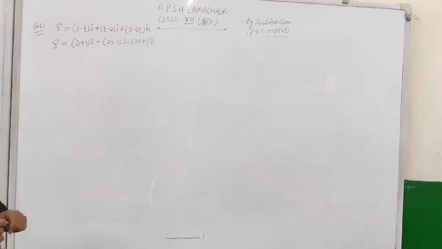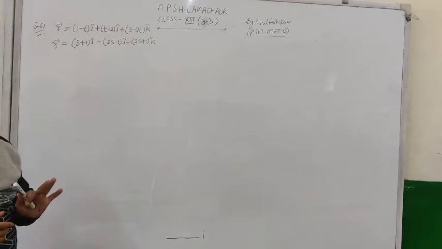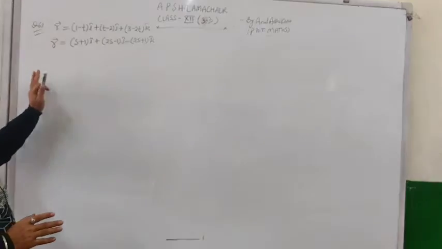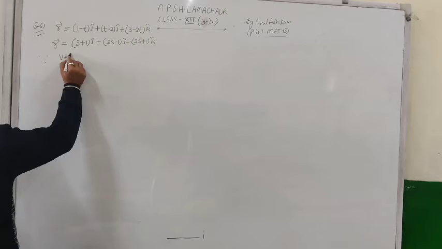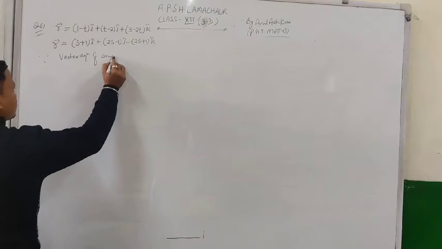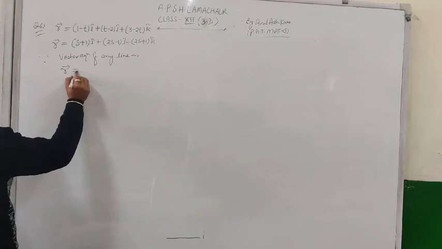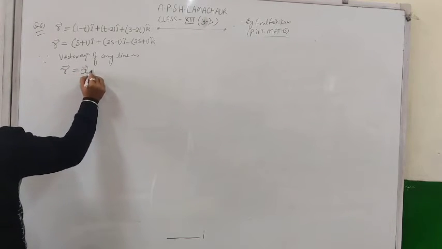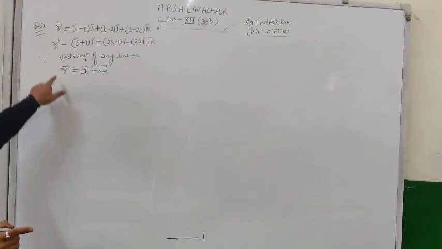So the very first step, we will reduce this vector equation of the line to the standard vector equation of the line. Since we know that the vector equation of any line is r vector equals a vector plus lambda times b vector, we will reduce both equations in terms of this.